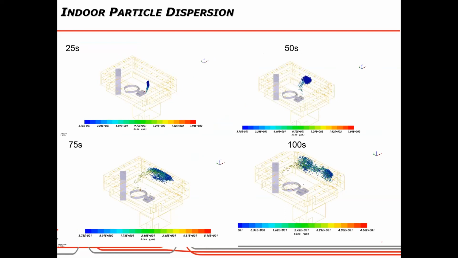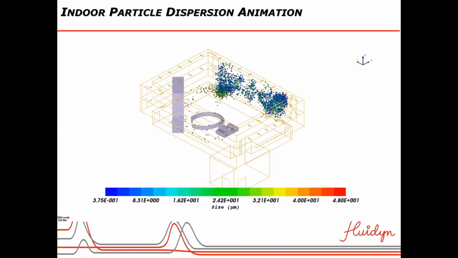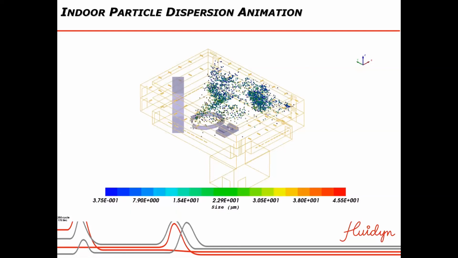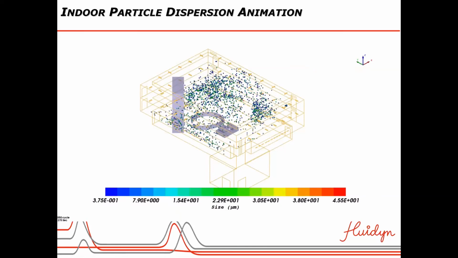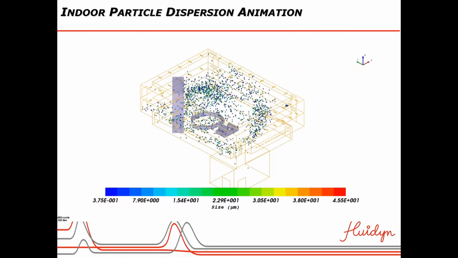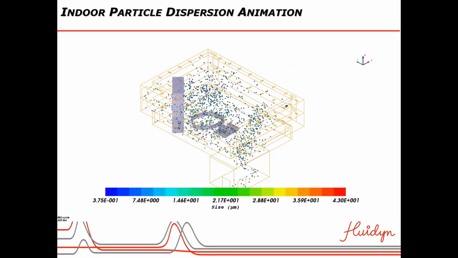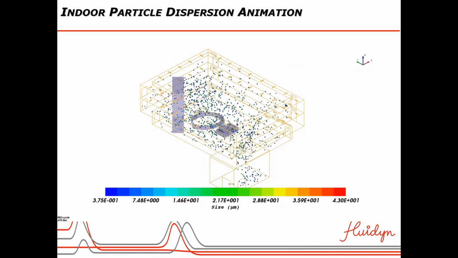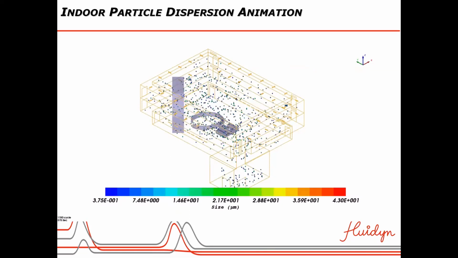I will explain it. Now we'll see how the particles are transported in the ventilated room. Once the particles come, the larger particles get settled on the ground, while the smaller particles are transported along the flow.